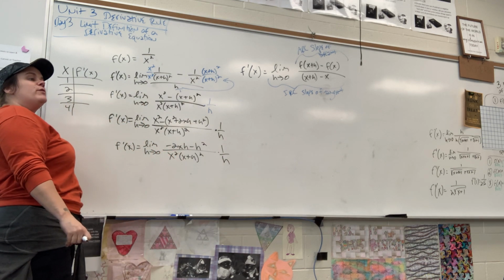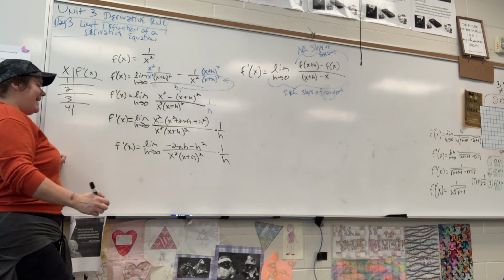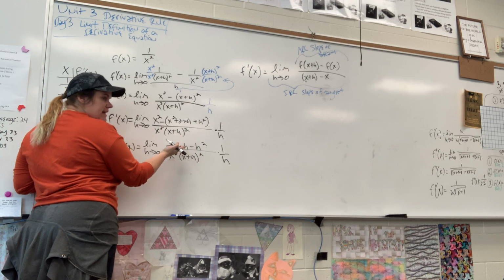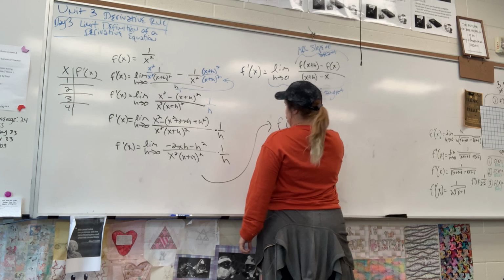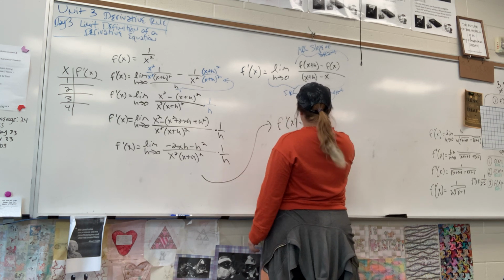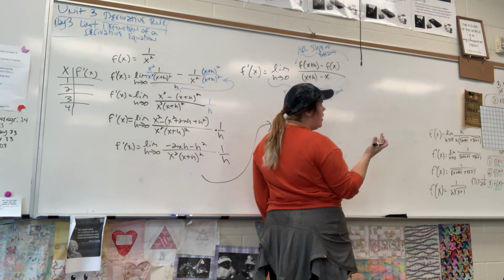Okay, now I'm going to perform some math magic. Are you ready? I'm so ready. I'm going to get rid of an h by factoring an h out. Can it be a negative h? You can, but I don't want to because I want to be able to cross it off really easily. I like things to reduce to 1 instead of negative 1.